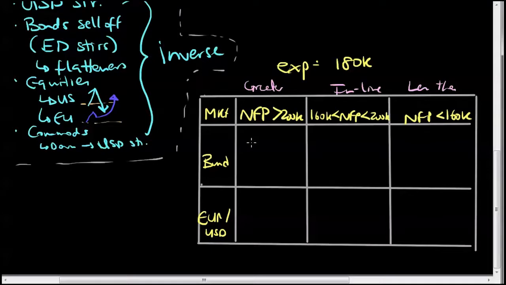So in the Bund, if we get a figure that's larger than 200k, what I'm looking to do is sell the first pullback, and I'm going to look for shorts below 83s to 71 zone.